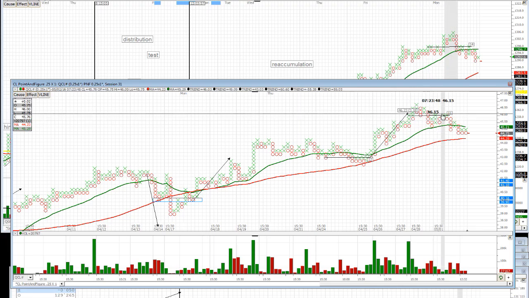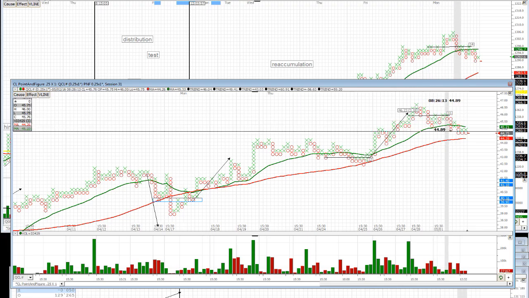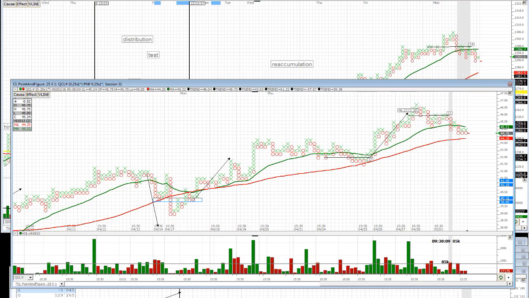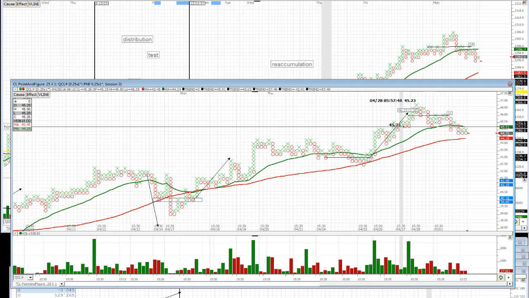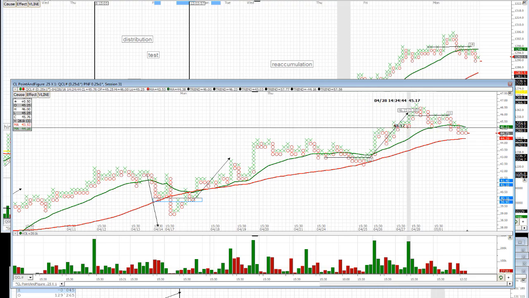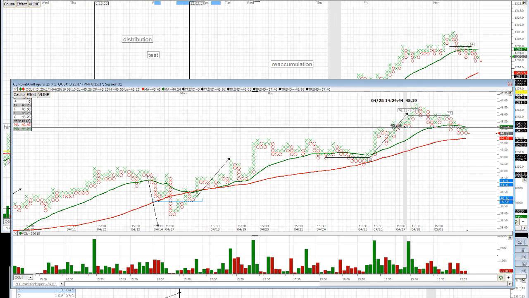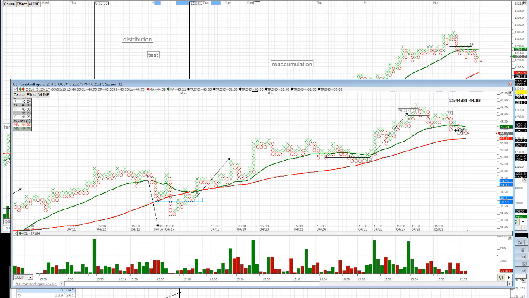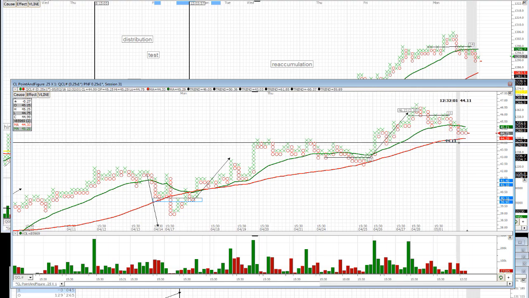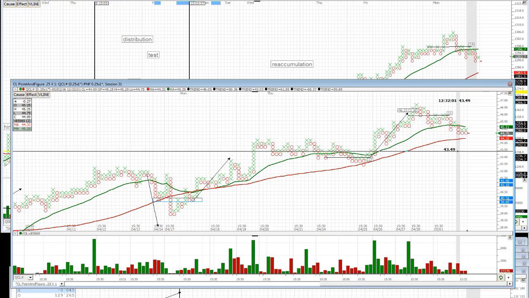Resistance here, resistance here, resistance here, and breakdown on not heavy volume but decent volume. And the key is they took out this level, these high volume levels. You know, they take out the ice. It was taken out here. So this is a good market, and probably target around 40.